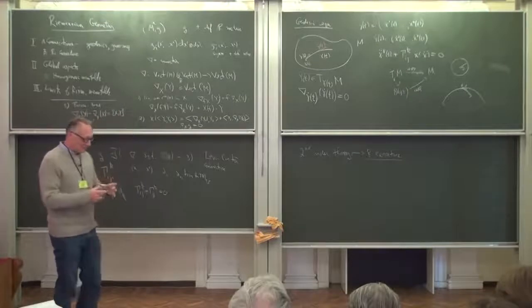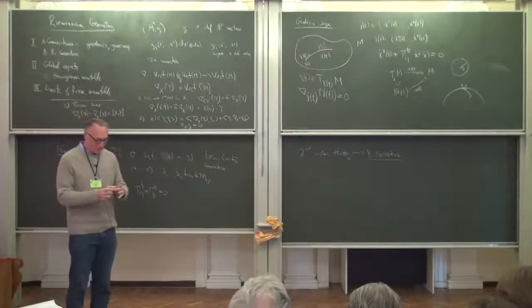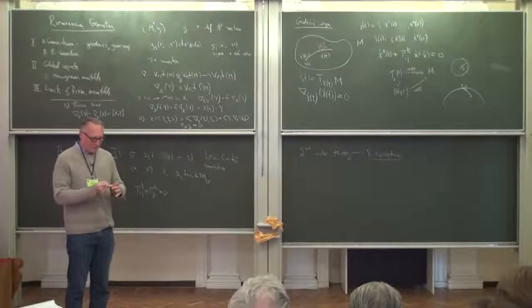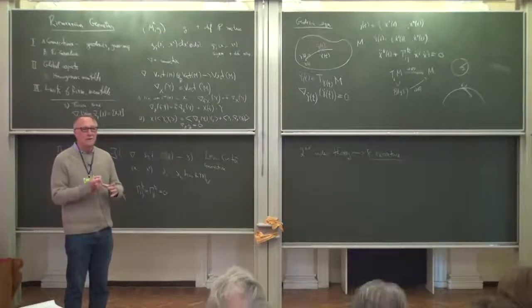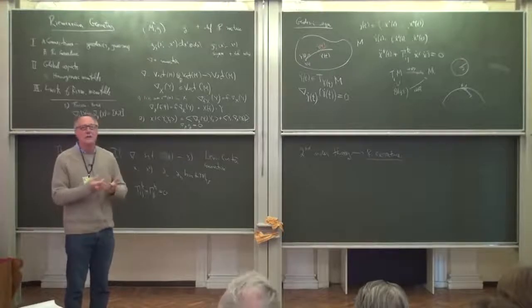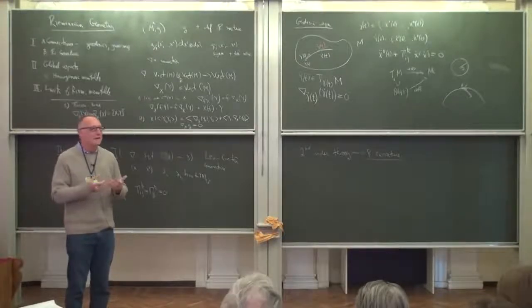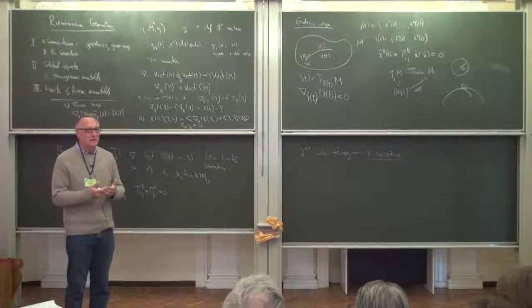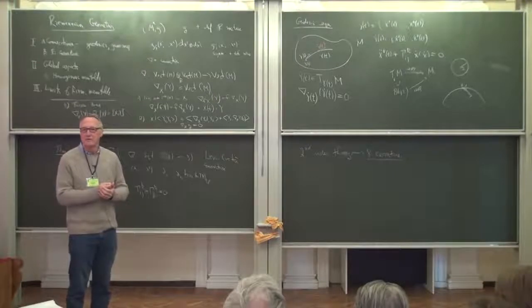So given a metric in the neighborhood of a point in a manifold, and you ask what information is there in the value of the metric at a point, and the answer is none. You can change the local coordinates reflecting the linear change you need to make, so that at this point the metric looks exactly like the standard metric.